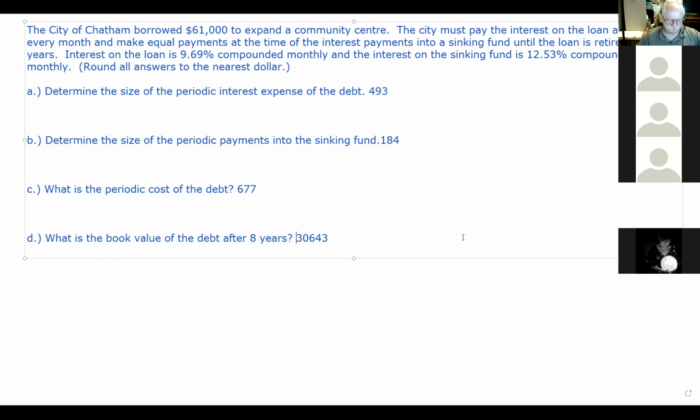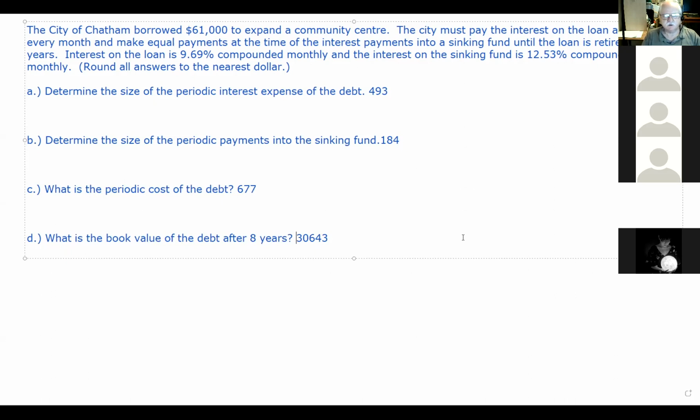So the city of Chatham borrowed $61,000 to expand a community center. The city must pay the interest on the loan at the end of every month and make equal payments at the time of the interest payments into a sinking fund until the loan is retired in 12 years.